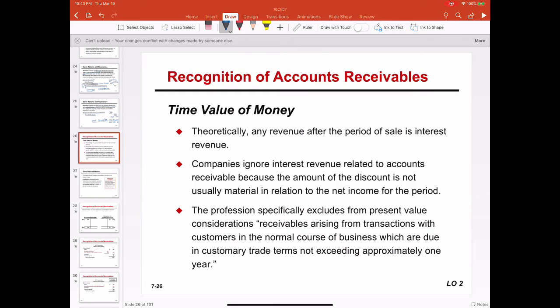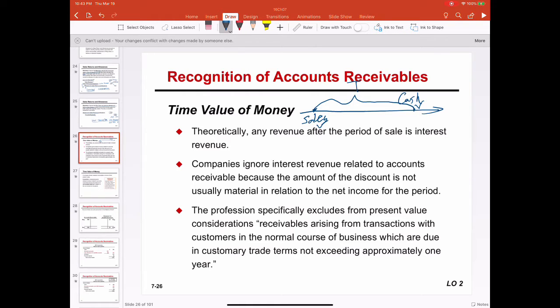So it represents a cash flow in the future. Here this is the date of sales, but the cash is received in the future, because this represents the lag between the sales and the cash receipts.